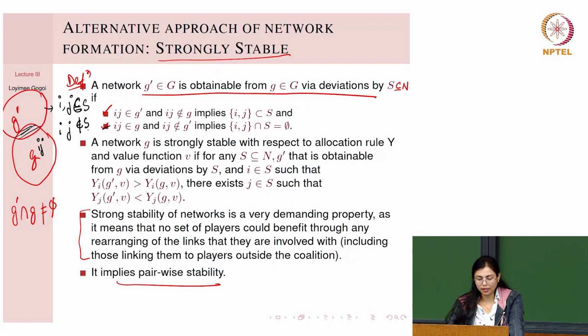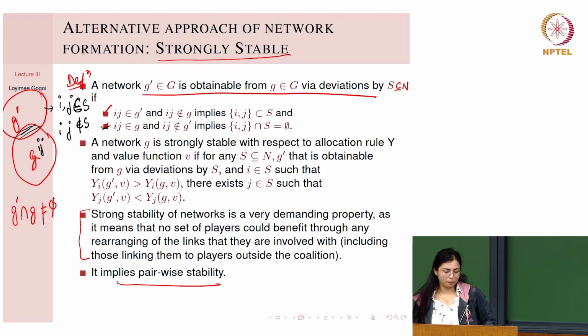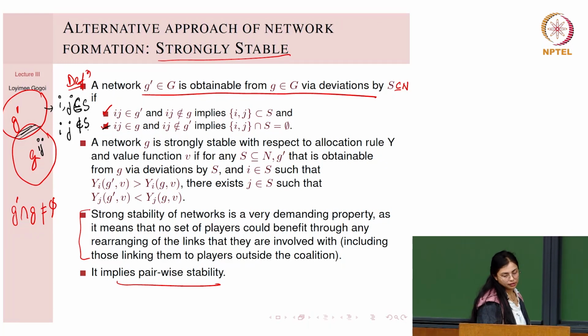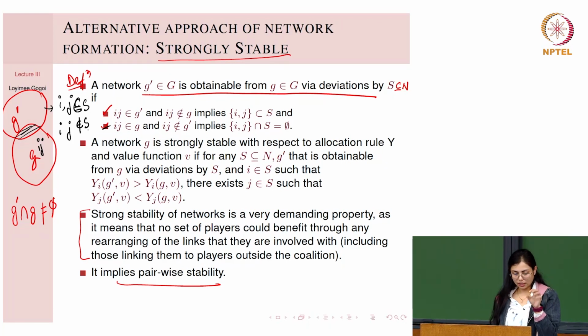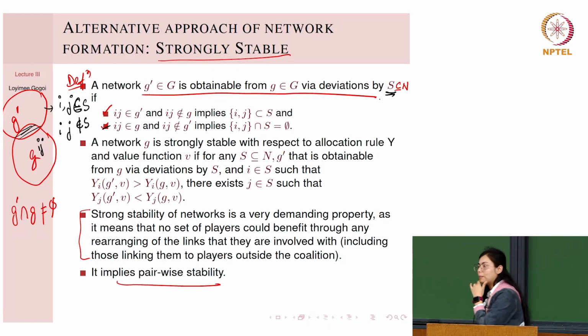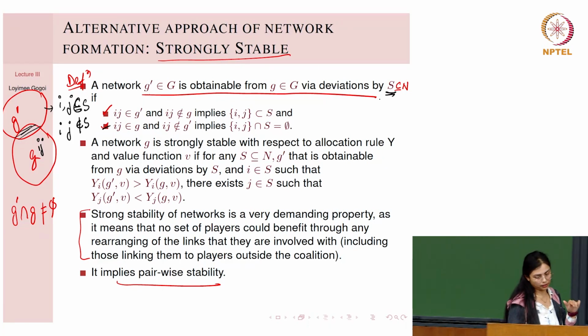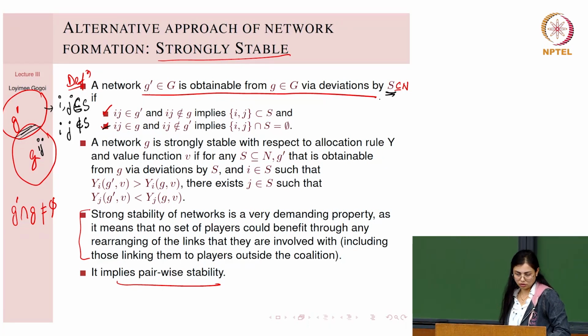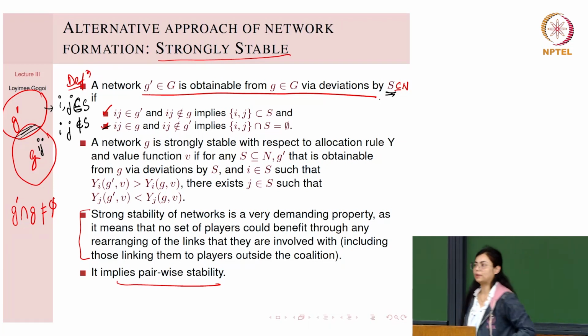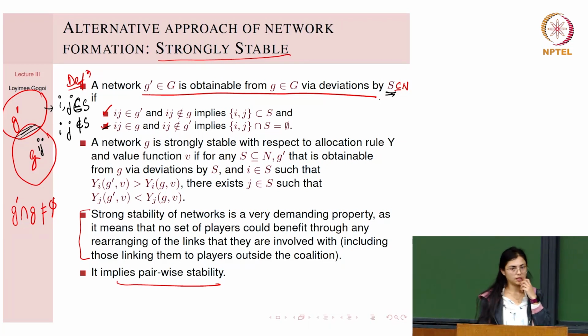So it's just that G prime is obtainable from G by deviating by S. Suppose I have one set of players that is already part of G prime, they are not part of G. So this means S is a part of G prime, not a part of G, and G prime is obtainable from G, meaning we can delete some link or add some link from G prime to G.